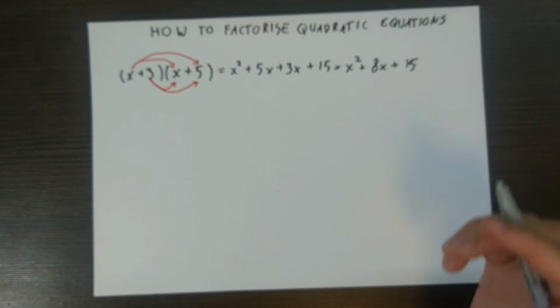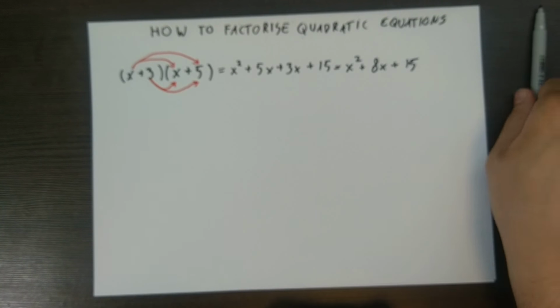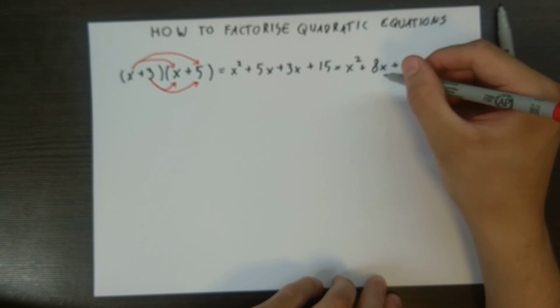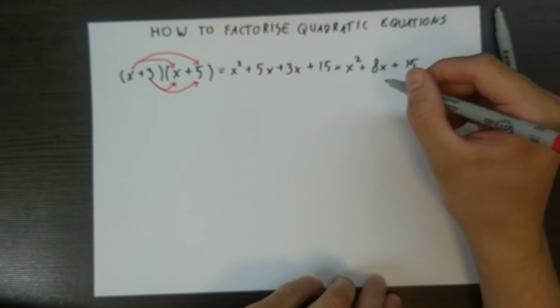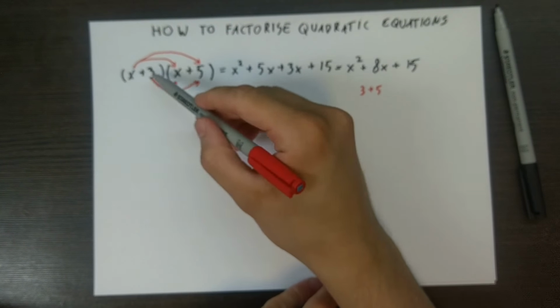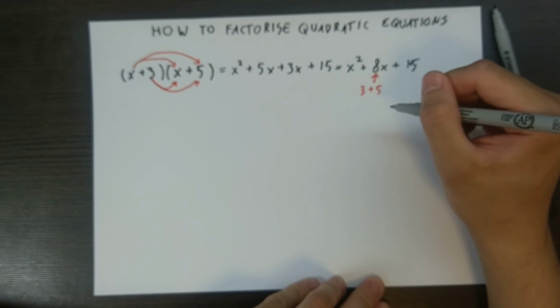Now, what do we notice that's interesting about this? Well, if we do 3 plus 5, the numbers from here, we get 8x.